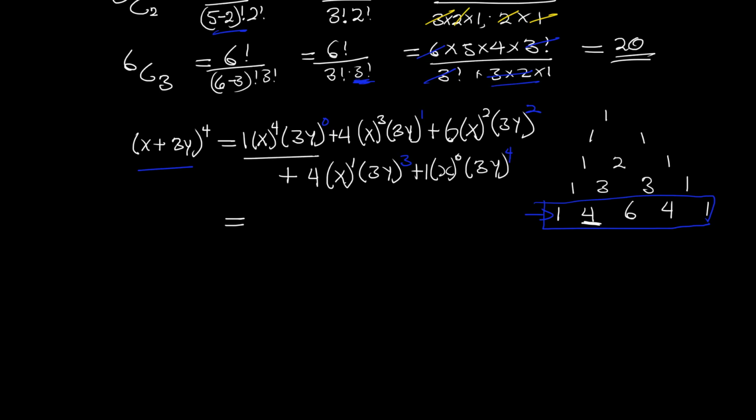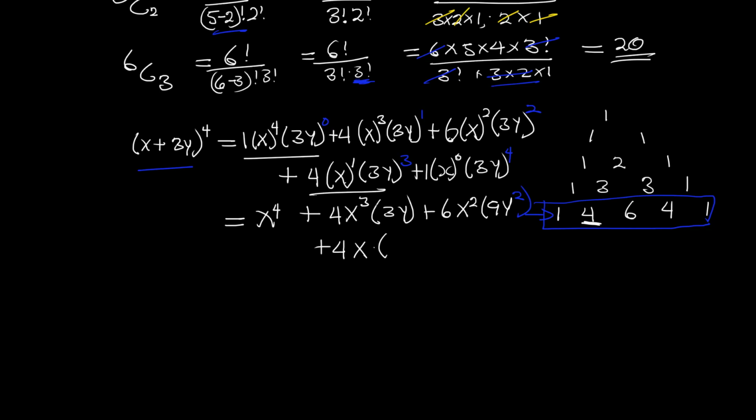If we want to evaluate this, we have x raised to the power 4, plus 4 x raised to the power 3 times 3y, plus 6 x squared times 9y squared, plus 4x times 3 raised to the power 3 is 27, y cubed, plus 3 raised to the power 4 is 81, y to the 4.